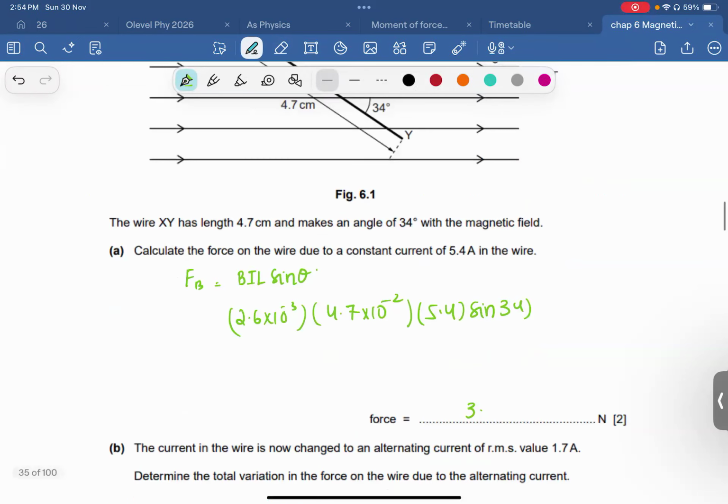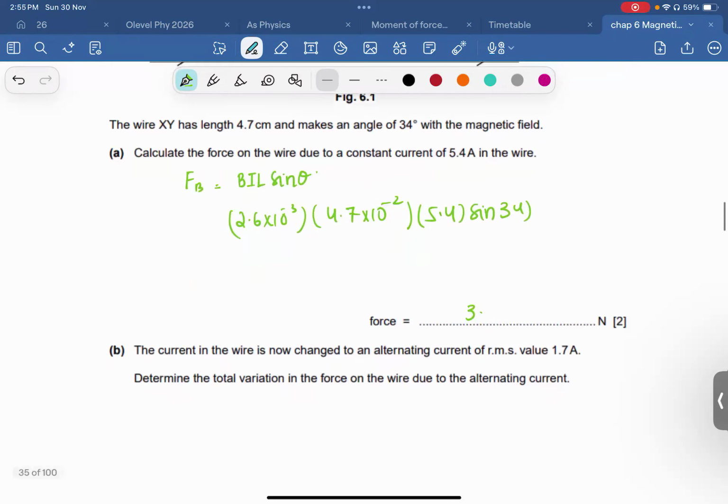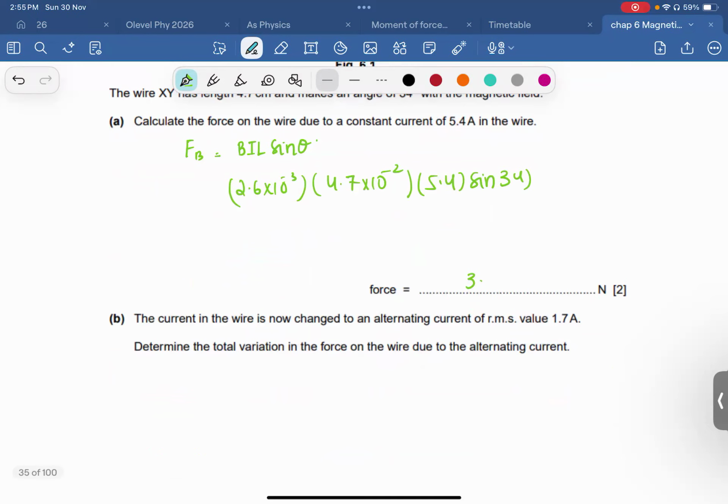Yes, how much? 3.5 × 10^-4. I'm getting 3.69 × 10^-4.